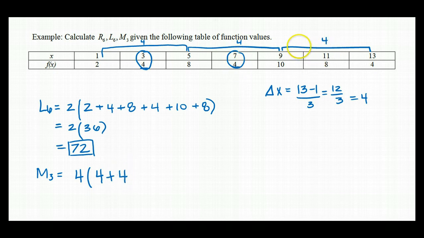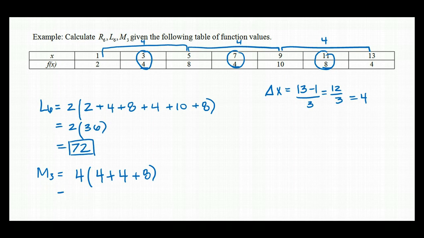And then finally I'm looking at over the interval from 9 to 13, the midpoint is 11, the function value at 11 is 8. And now we're adding 4 times 4 plus 4 plus 8 is going to give me 16, and 16 times 4 is going to give me 64. So using midpoint approximations, I get an area of 64.